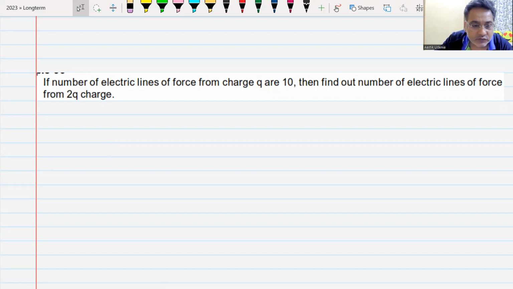How many lines of force will emerge out from 2Q charge? And the answer would be 20.